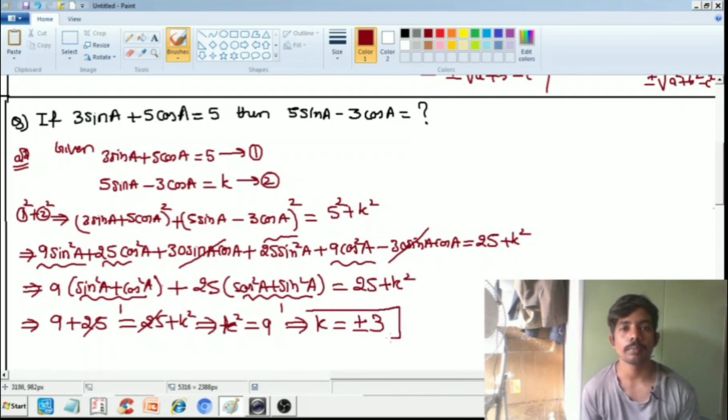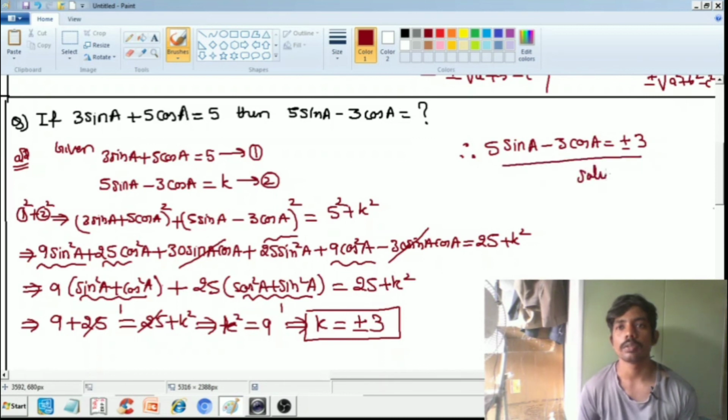Therefore the solution is 5 sin a minus 3 cos a is equal to plus or minus 3. This is the solution. That's all.